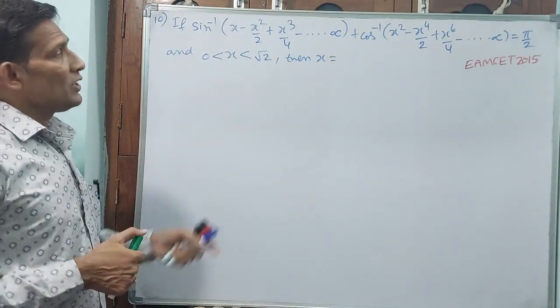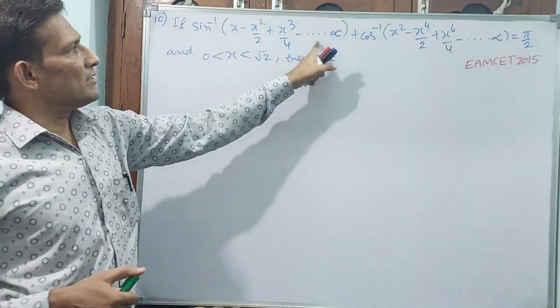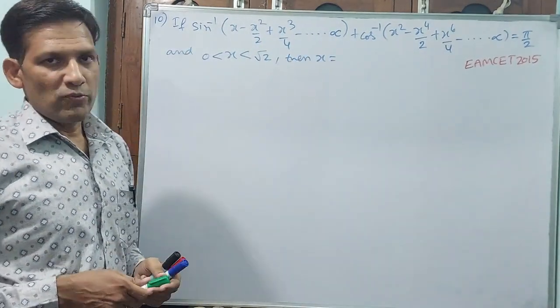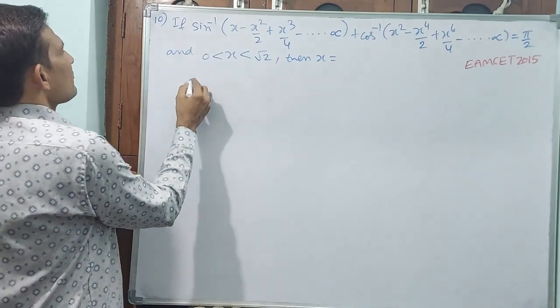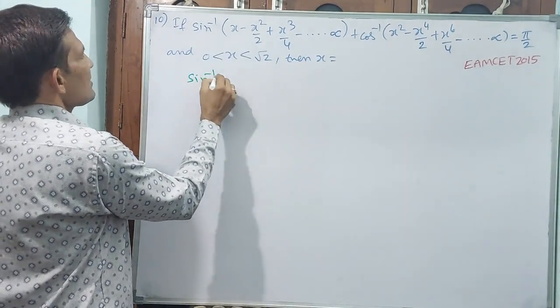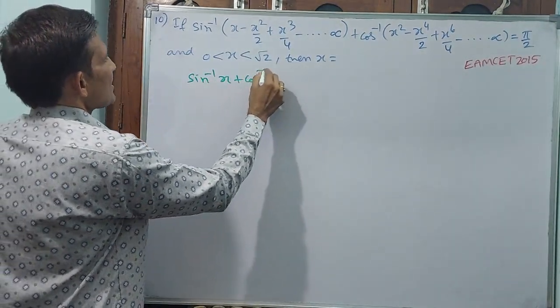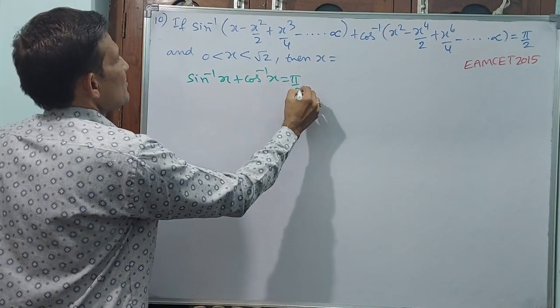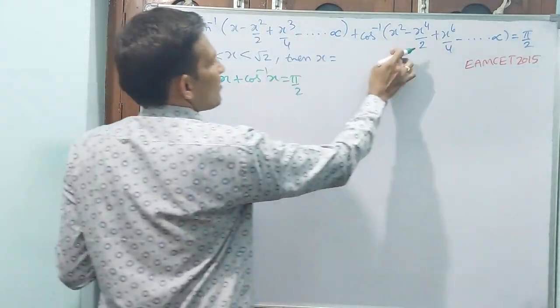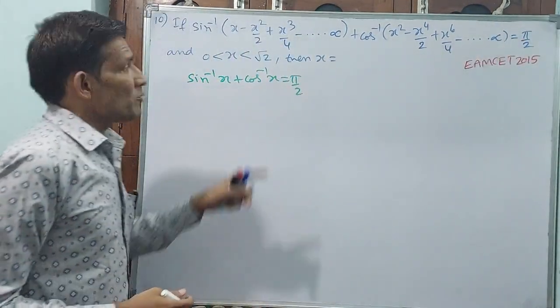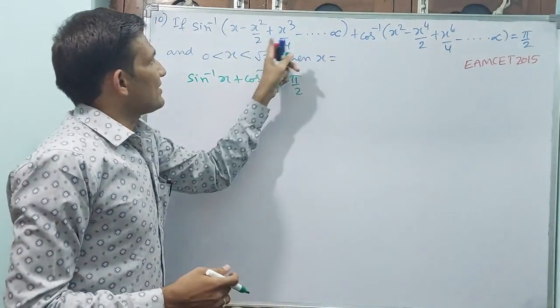Now you see, sin inverse x plus cos inverse x is equal to pi by 2, we know. If sin inverse of this plus cos inverse of this is equal to pi by 2, it means these should be x.